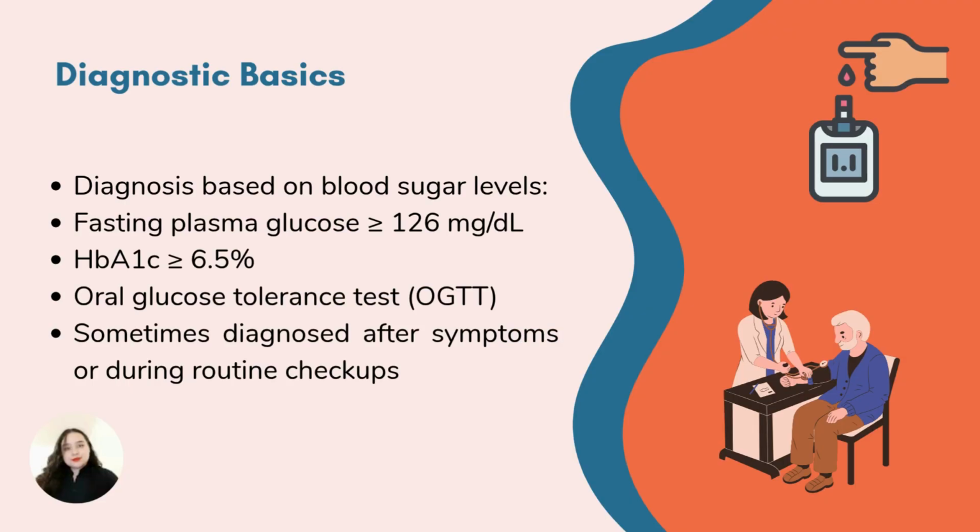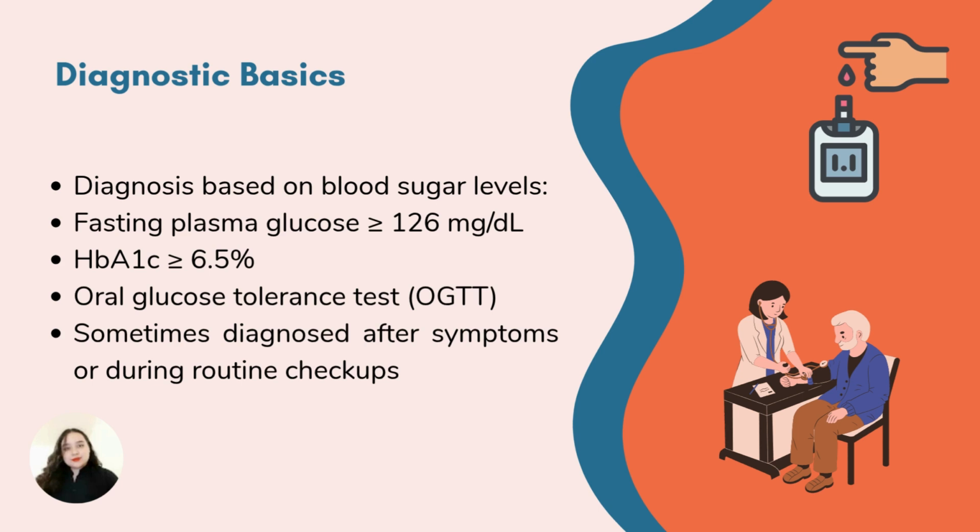Now, I'm Alexa again, and I'm going to talk about the diagnostic basics. First of all, diabetes is usually diagnosed using blood tests, or they can also check the glucose levels. A fasting plasma glucose level of 126 milligrams per deciliter or higher can be indicative of diabetes.